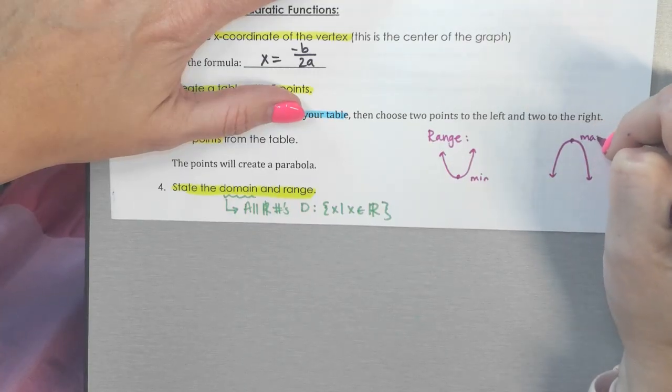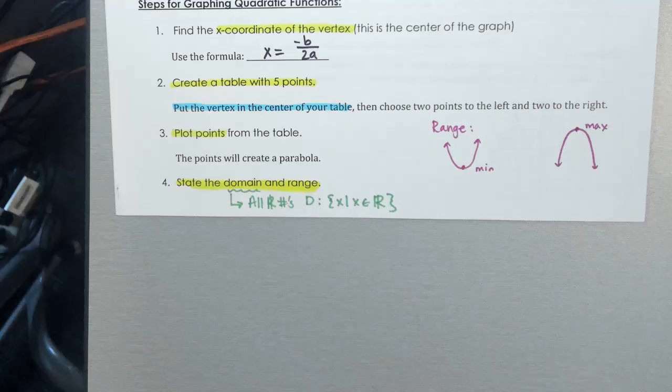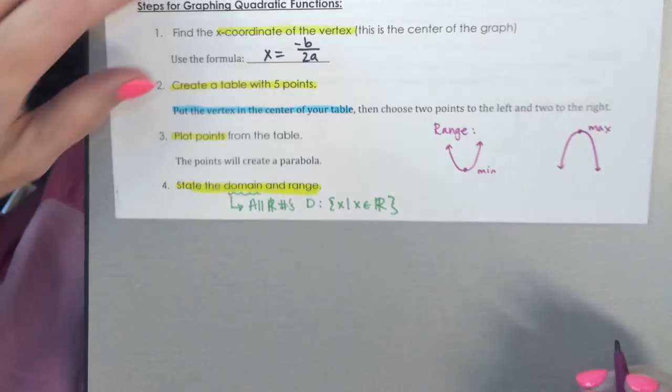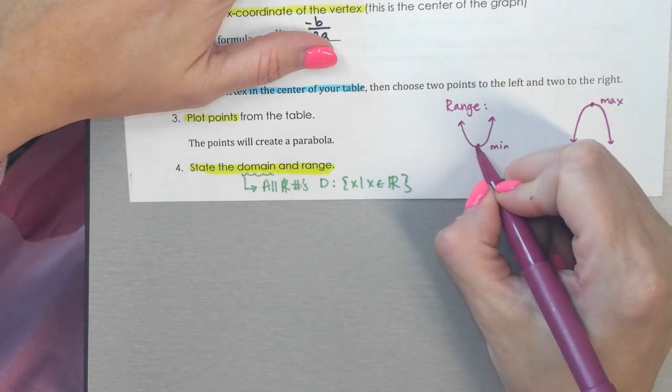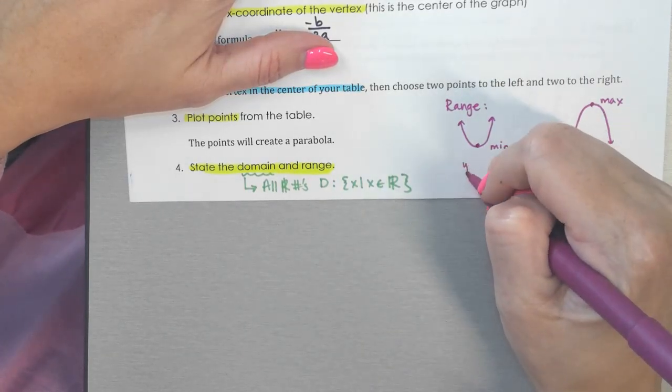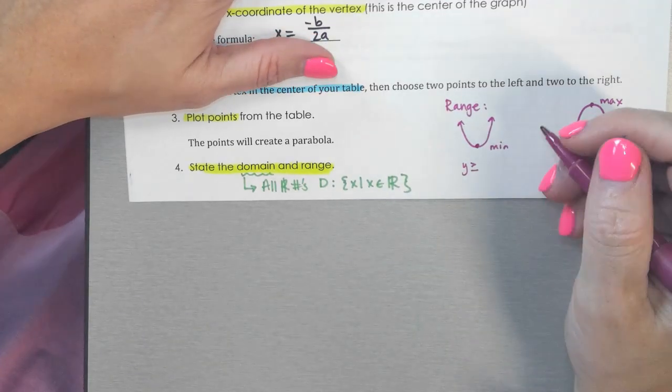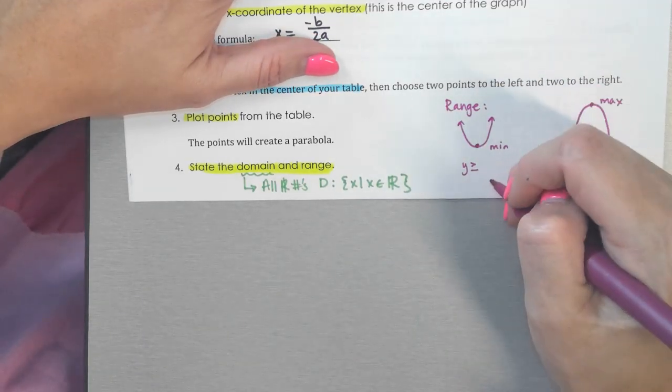So we're just going to write down the y-coordinate part, or the y part of this. So if you have a minimum, all of the points are going to be greater than or equal to whatever the y-coordinate of the minimum is.